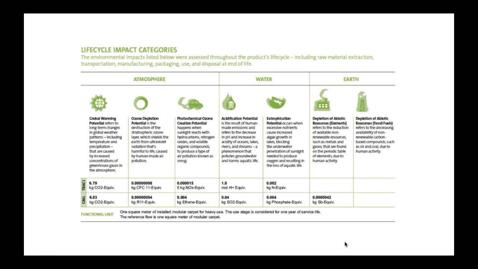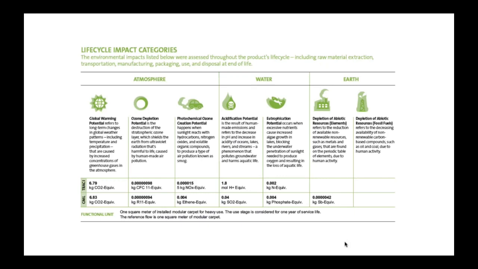This table breaks this down into atmosphere, water, and the earth, and what you're getting out of an LCA and therefore also an EPD is really seeing the impact in metrics of all of these different steps of the process, and then overall as a product, what is the impact on global warming potential, for example, in CO2 equivalents? What is the ozone depletion potential or the eutrophication potential, really across all of these different categories?